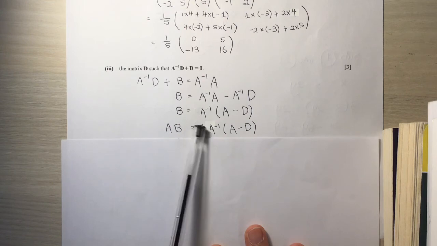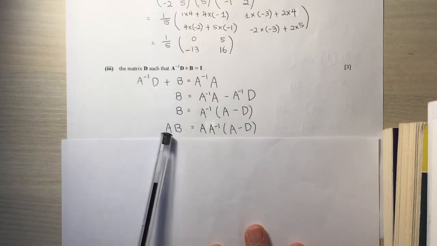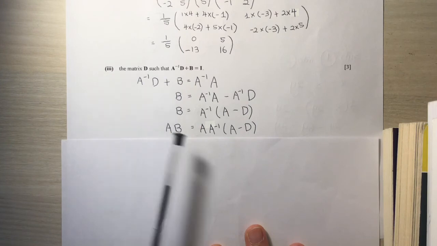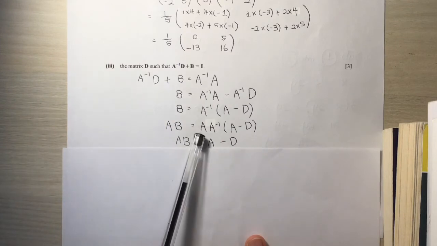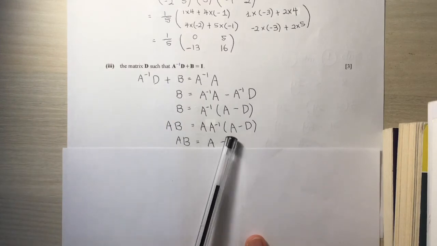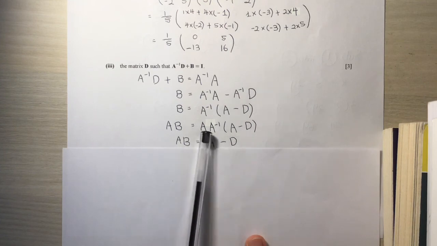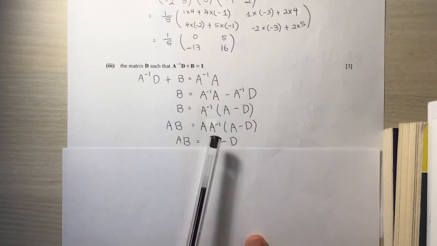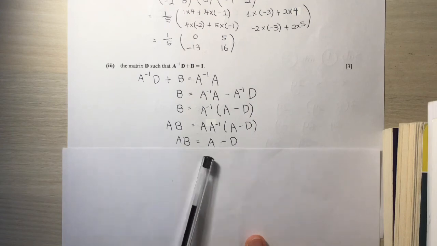But when you multiply by A, your left hand side have to multiply by A as well. Have to always be careful in this part. And when you get rid of A, the inverse, you will be left with what is inside the brackets over here, because this is basically equals to 1 again, and A and B remains the same. So AB equals to A minus D.